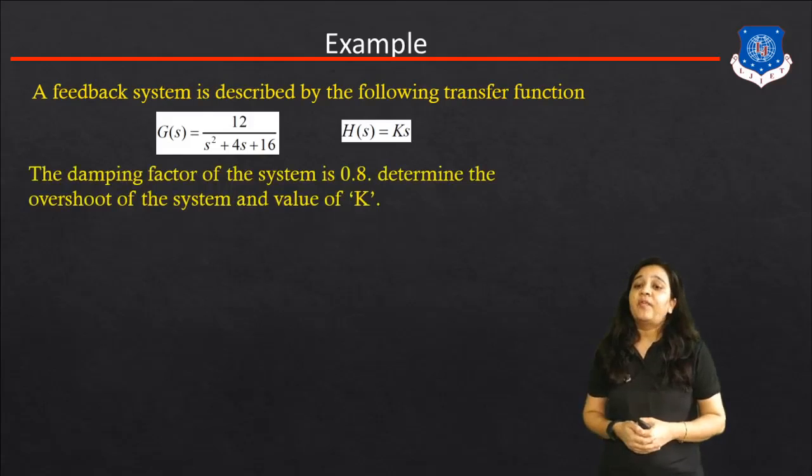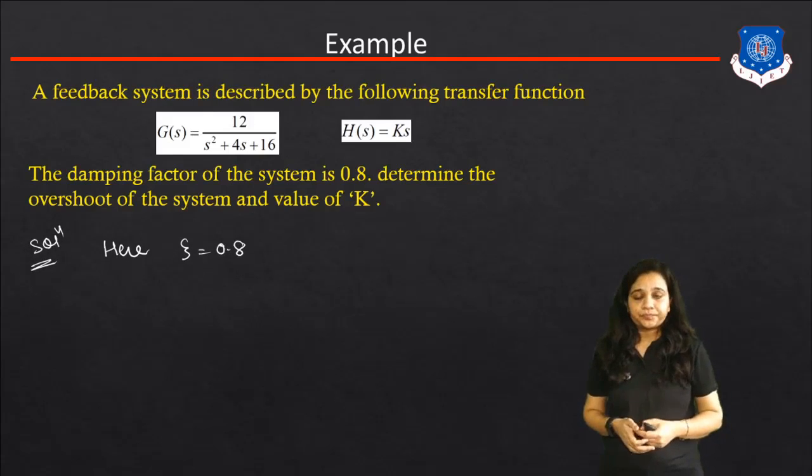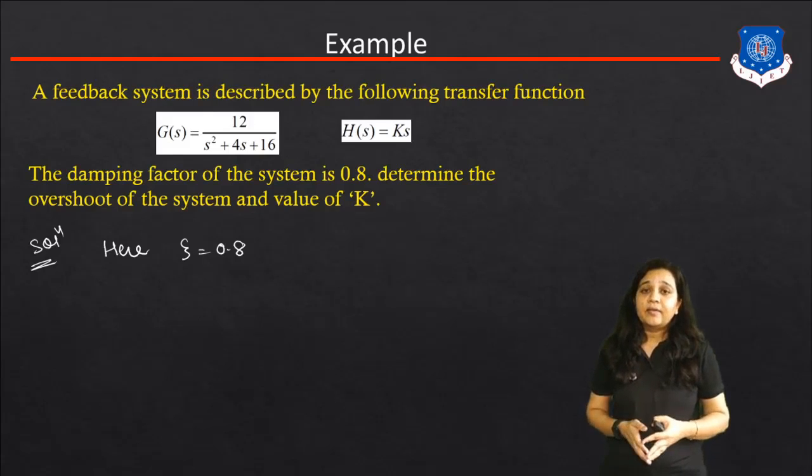Now the damping factor of this system is given as 0.8. That means the value of zeta is given. We have to determine the overshoot of the system and the value of k.